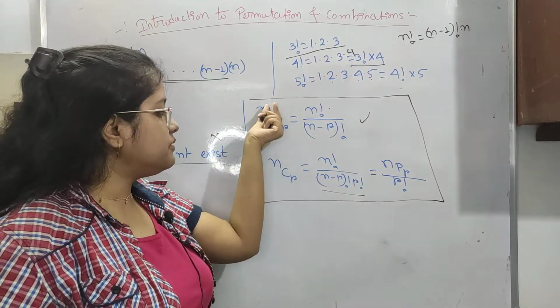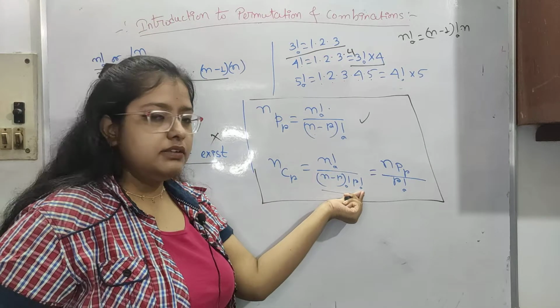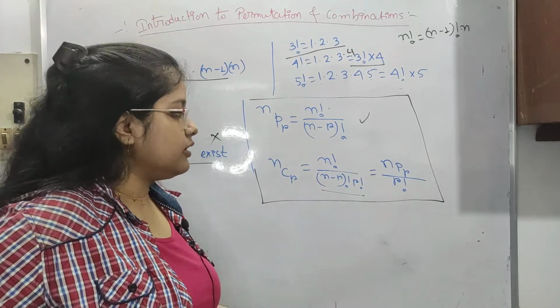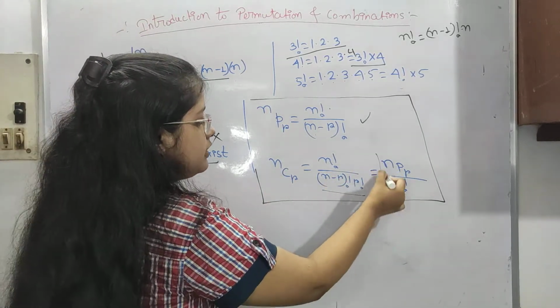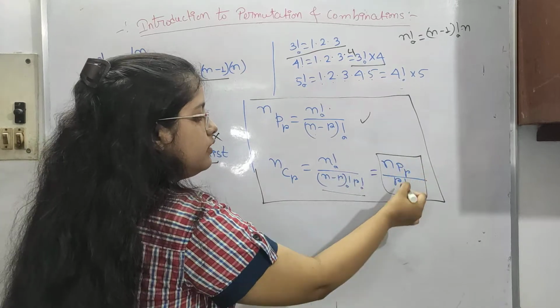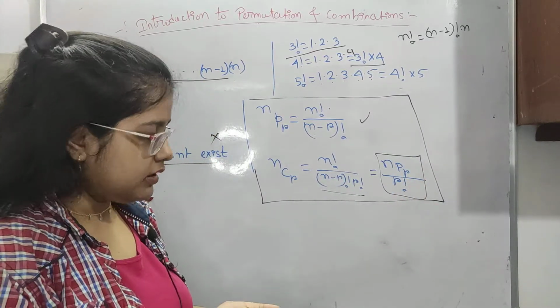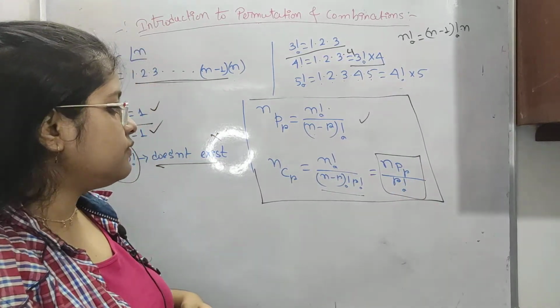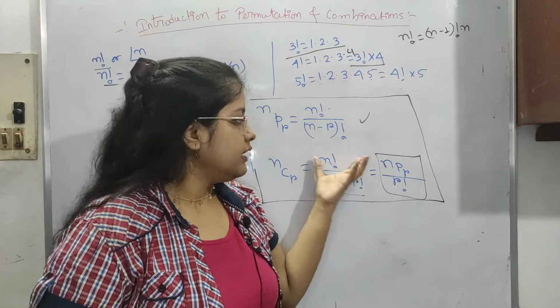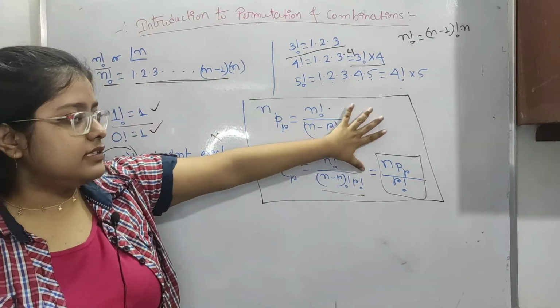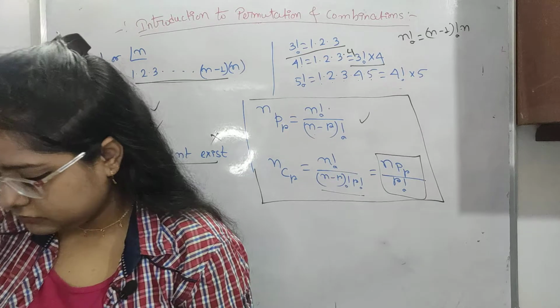The only difference between this and nPr is that we are dividing by r factorial. So nCr can also be written as nPr divided by r factorial. These are just some basics. We will see some properties also. You can make a note of at least this part.